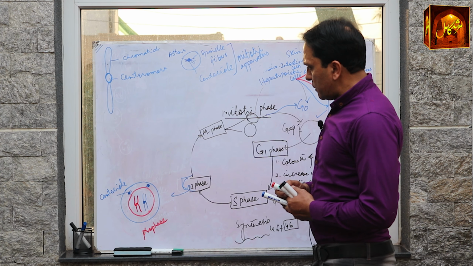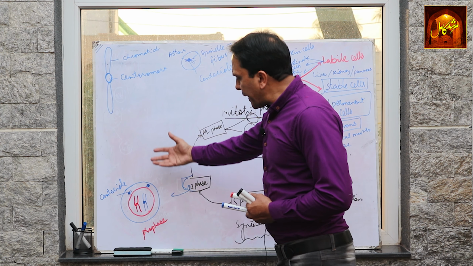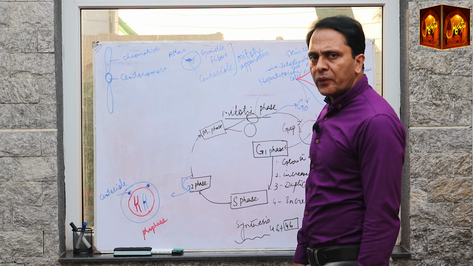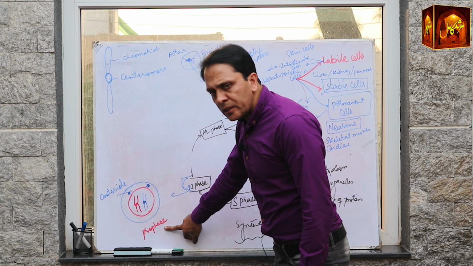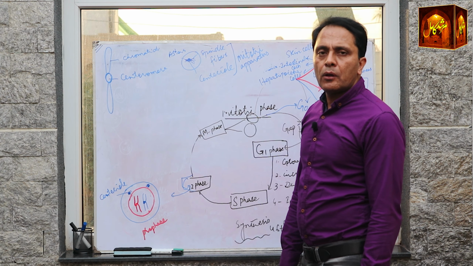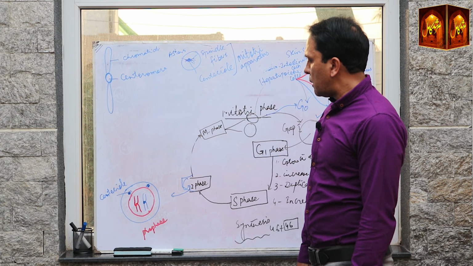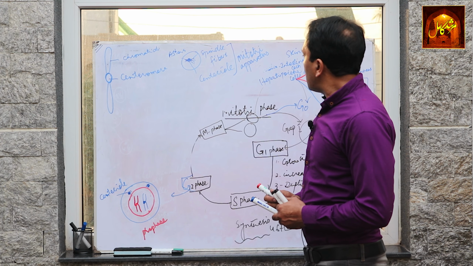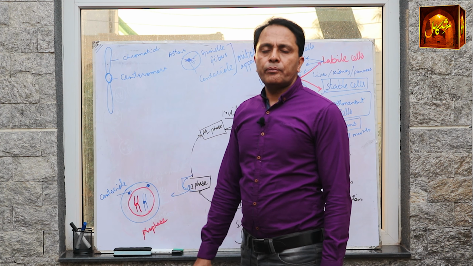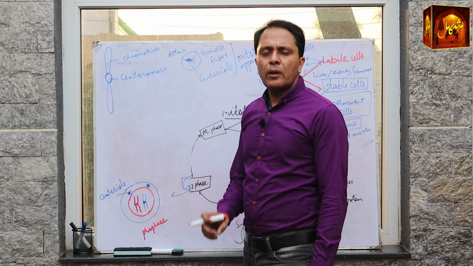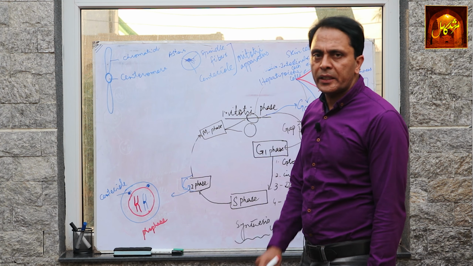Okay, before entering into the next phase, that is called metaphase, when prophase is about to complete, or late prophase, this nuclear membrane, which is made up of lamin protein, will also be phosphorylated.